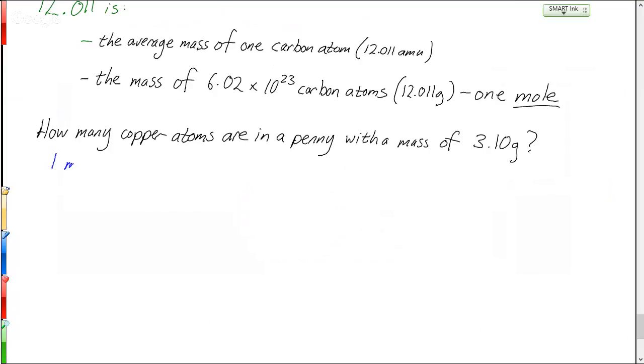So we know that 1 mole of Cu, copper atoms, and we also know from the periodic table that 1 mole of copper is 63.5 grams.